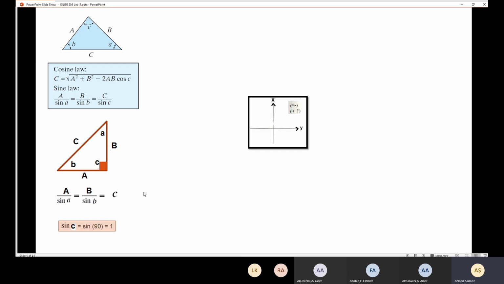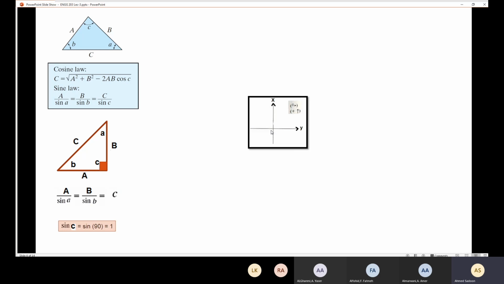In order to do that, we need to remember the sign convention. The sign convention means this one should be y and this one should be x, so we have a mistake here. For x, if you go in the right direction, the value of the force is positive, and if you go in that direction, the value is negative.